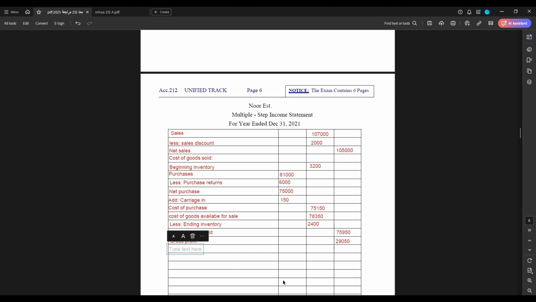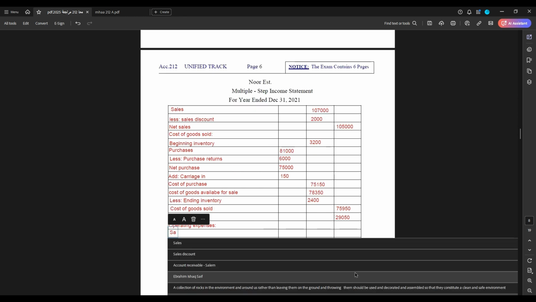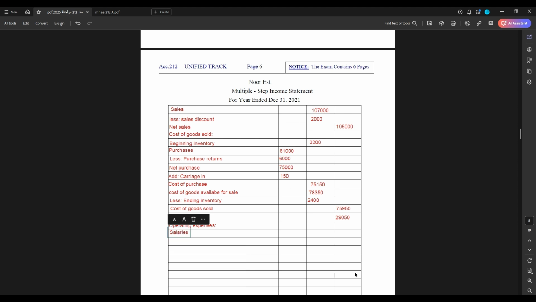Next part is operating expenses. This will be the title. We'll start by salaries expense 2,600.